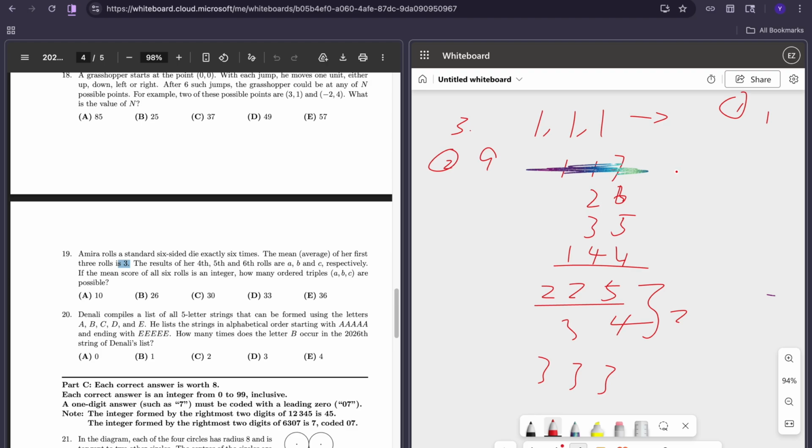For the case where A, B, C are all different, we have 3 times 2 times 1, which is 6. For the 2 repeated, there are 3 possibilities, because you have 2 placed and you insert another 1 into these 3 spaces.